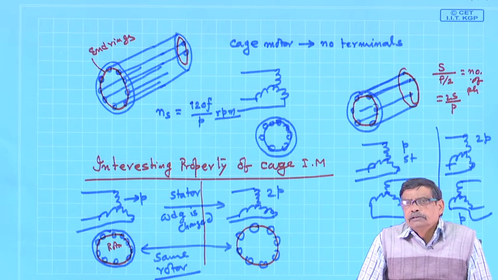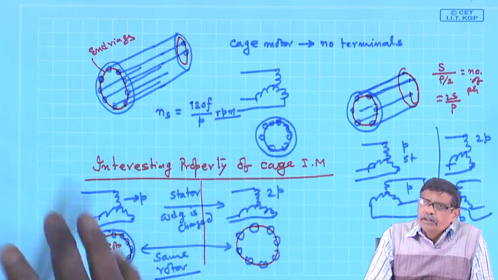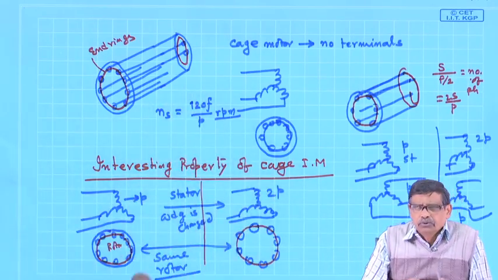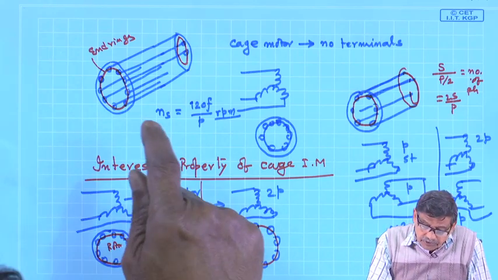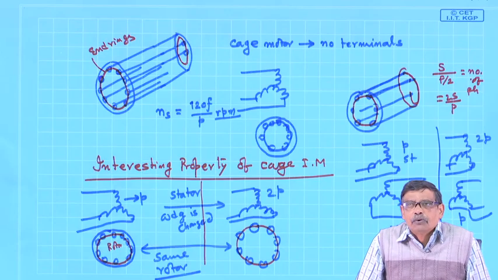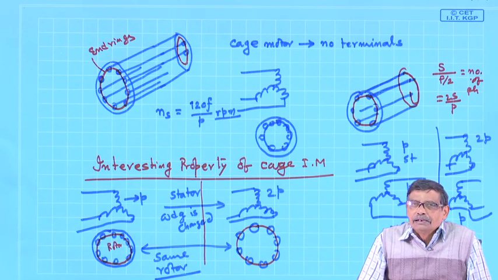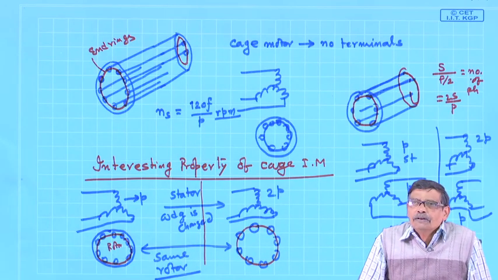The indication from this equation was that if by hook or by crook I could change the value of synchronous speed, then I would expect the rotor speed to vary accordingly, so that the term constant speed induction motor could be removed.